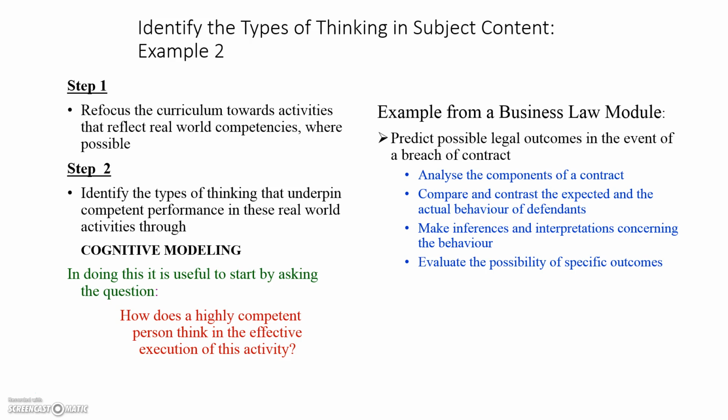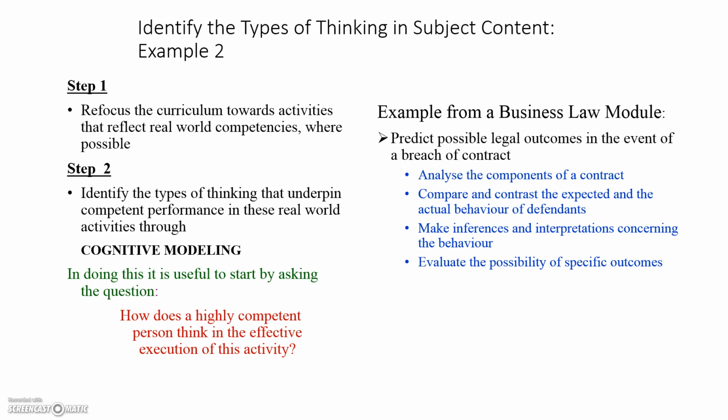So, having gone through that process, step 1, step 2, cognitive modelling, these are some of the key learning outcomes, and you can see they very much focus on specific types of critical thinking: analyse the components of a contract, compare and contrast expected and actual behaviour of defendants, make inferences and interpretations concerning the behaviour.